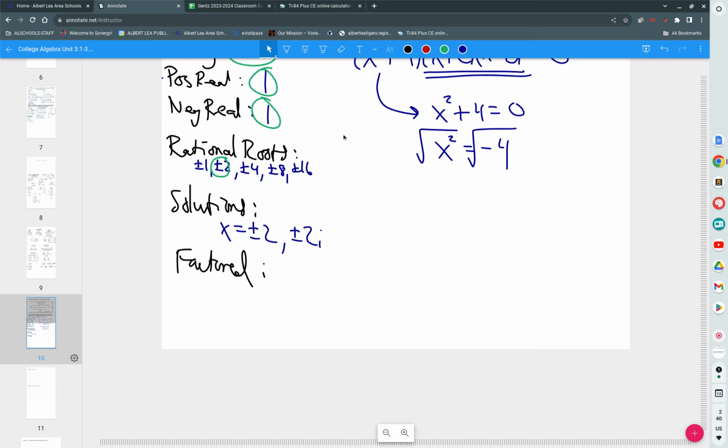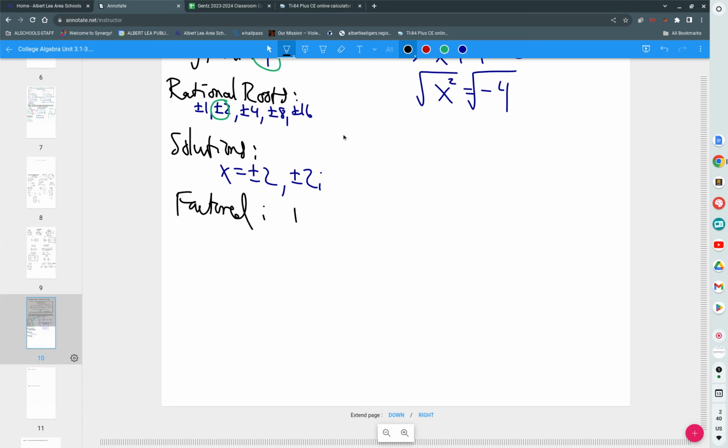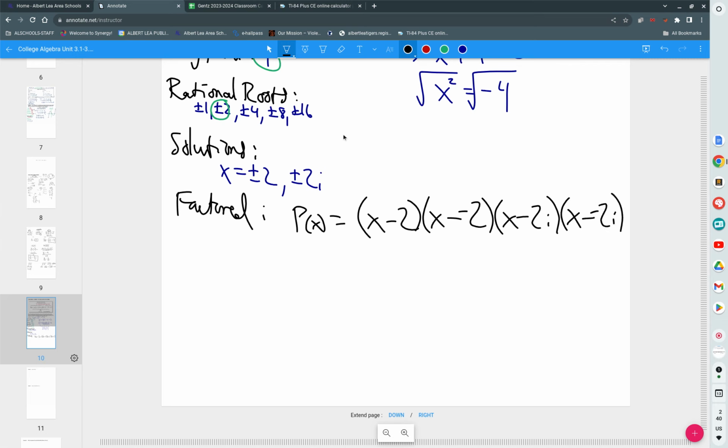The factored form is p of x is equal to x minus 2, x minus negative 2, x minus 2i, x minus negative 2i. Now, you don't have to write minus the negative. You don't have to do that at all.